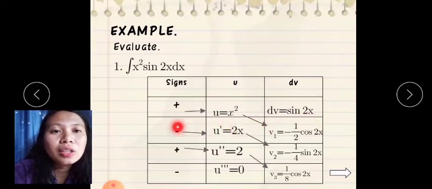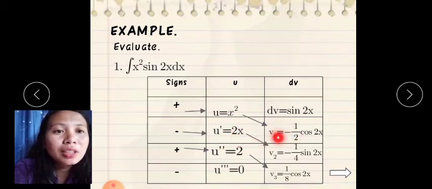Here, sa ikaduha, atong ibutang is negative. The derivative of u, u prime, is equal to 2x, and the first integration of dv is equal to negative 1/2 cosine 2x.